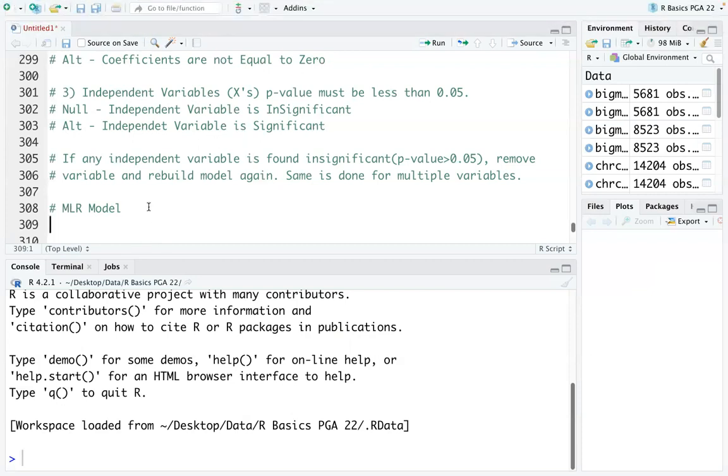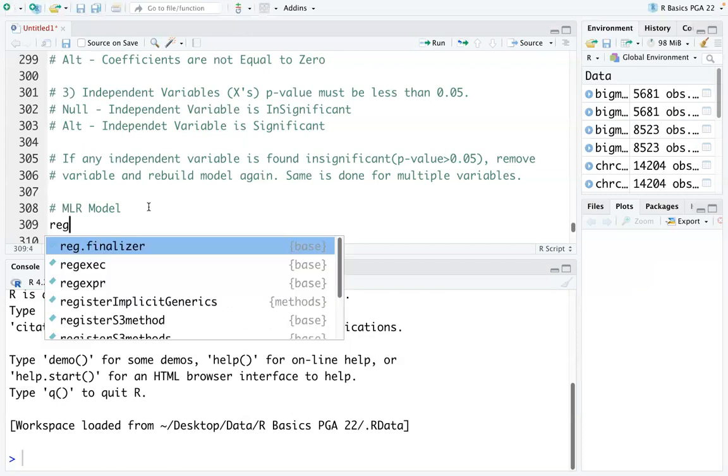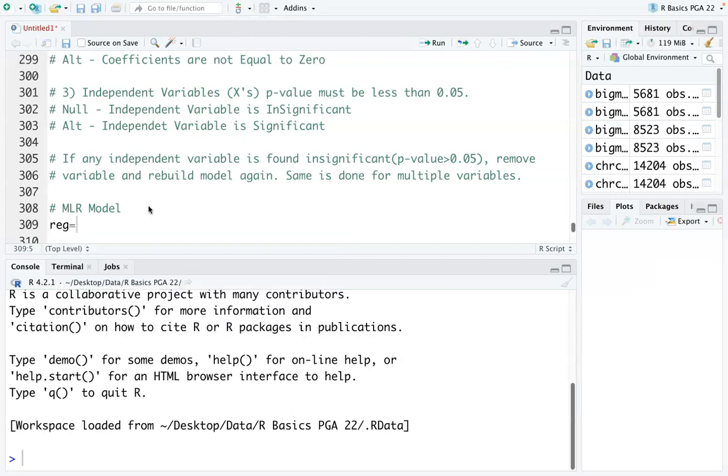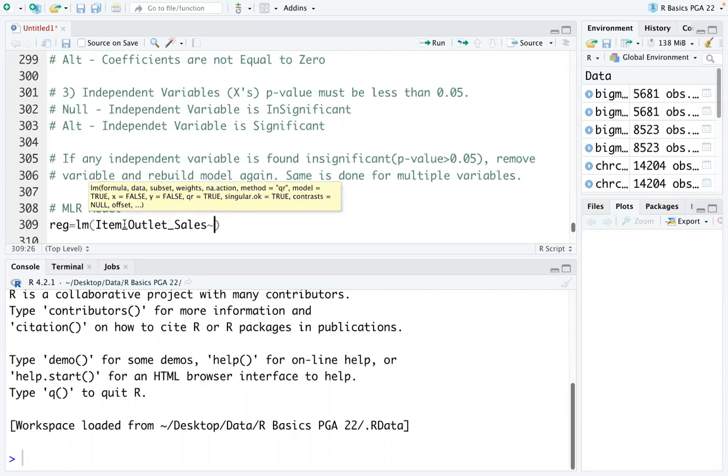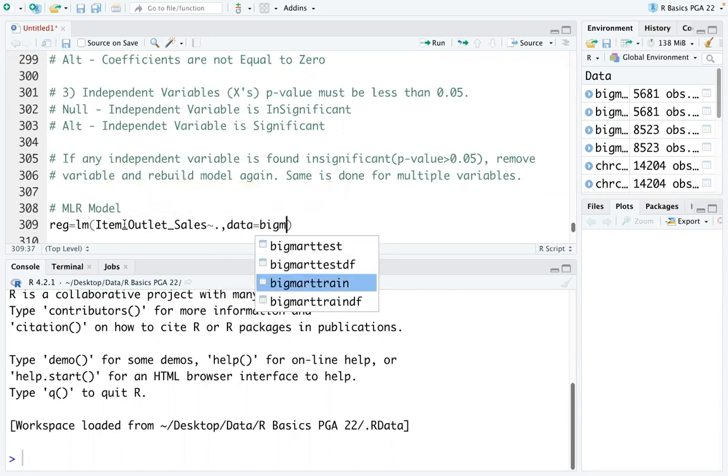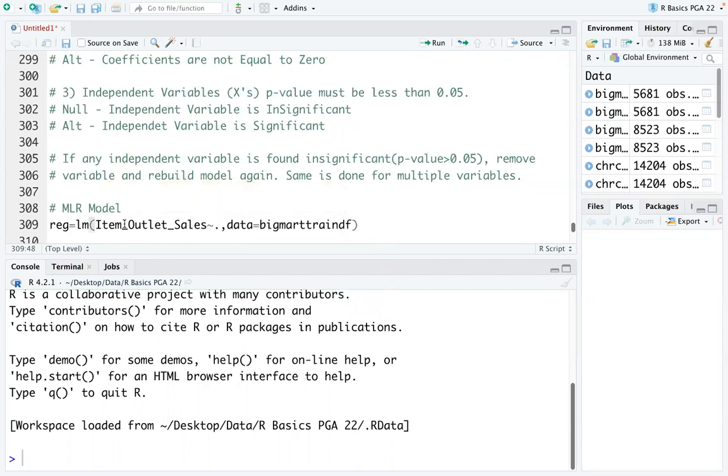All right, guys. So reg is equal to lm, linear modeling, Item_Outlet_Sales tilde dot, comma, data is equal to Bigmart train DF.